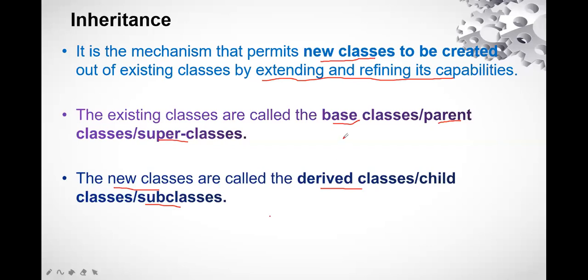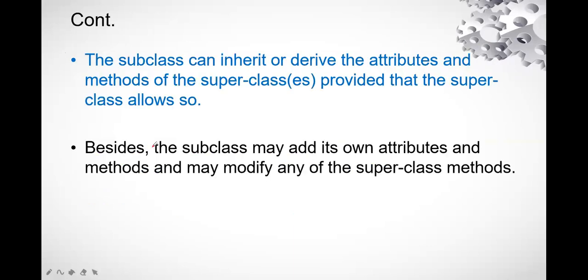That means the attributes of the base class and derived class can be common, not all, but some of them. Some of the methods can also be common, because this particular class has inherited the attributes and methods of the base class. Besides, the subclass may add its own attributes and methods and modify any of the superclass methods.